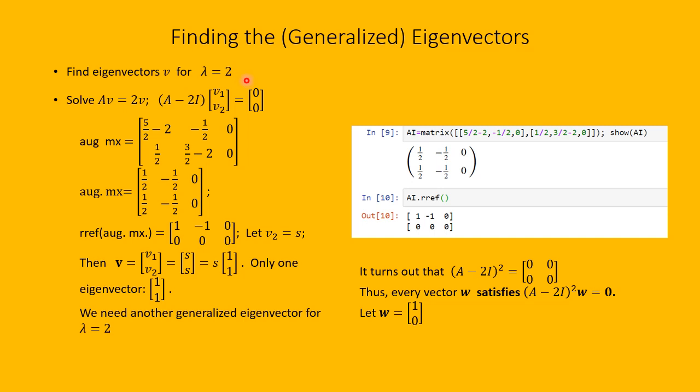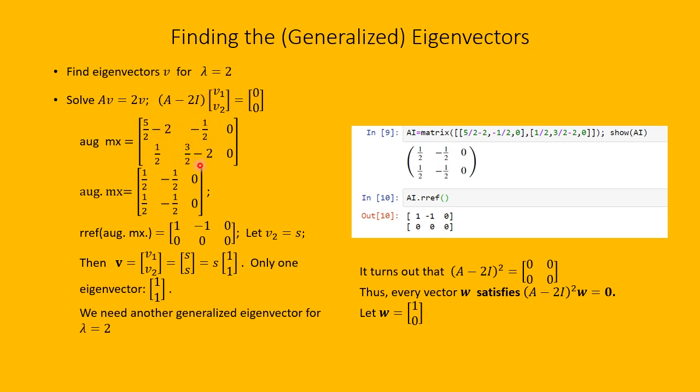It is possible that we could have two linearly independent eigenvectors, both with eigenvalue 2. But let's see what happens in this case. We want to solve A times the eigenvector equals 2 times that eigenvector, which we can write as A minus 2I times the eigenvector equals the zero vector.